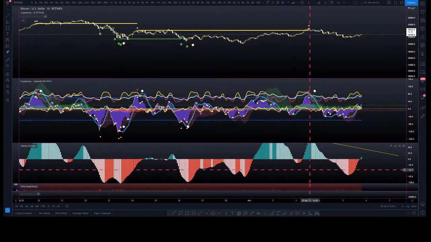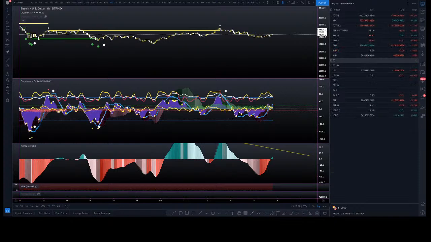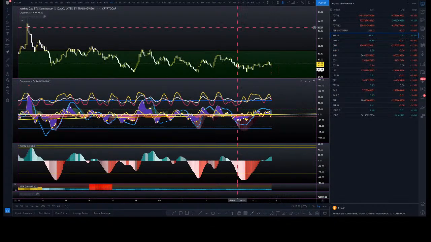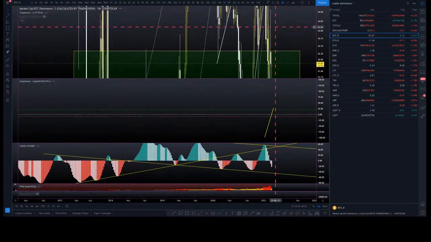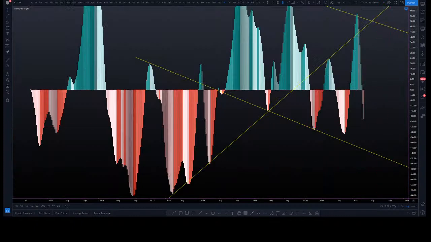My favorite example on these is the crypto dominance. If we look at the Bitcoin dominance on the weekly, it's my favorite, and it's already drawn, perfect.